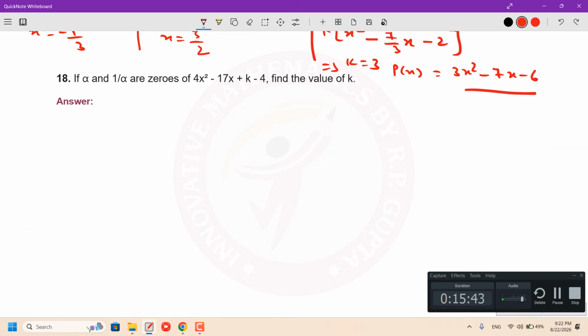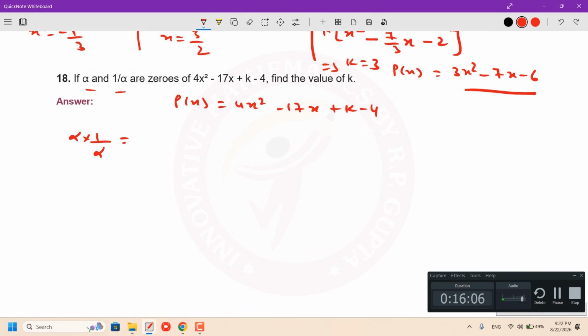Now alpha and 1 upon alpha are the zeros of the polynomial. So find the value of k. So p(x) is given, that is 4x square minus 17x plus k minus 4. Here two zeros are given, alpha and 1 upon alpha.